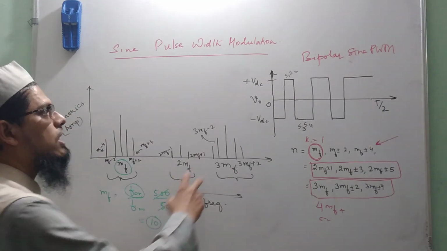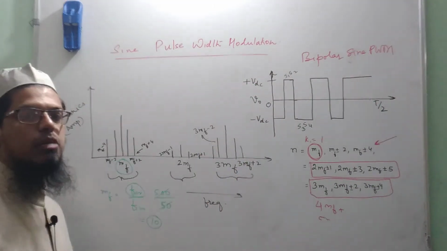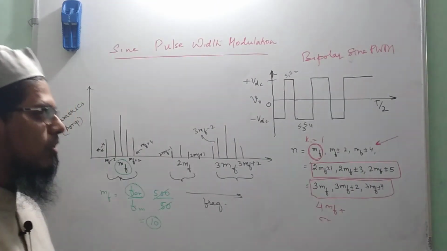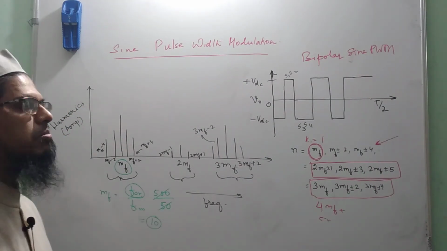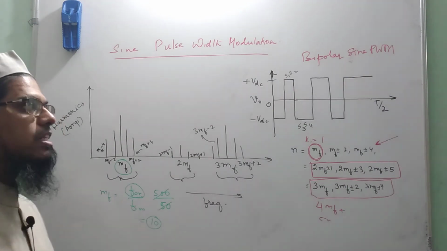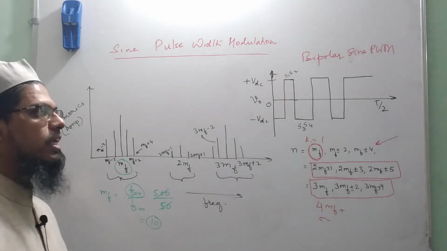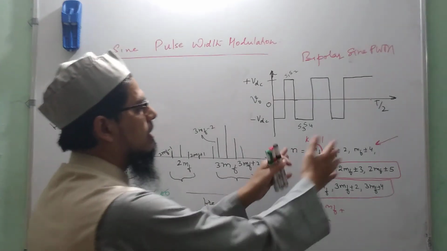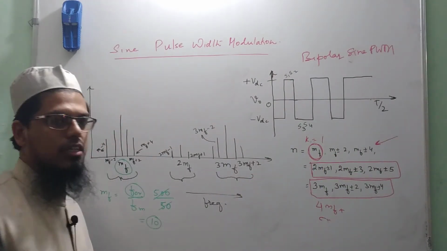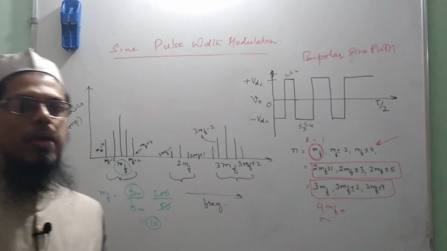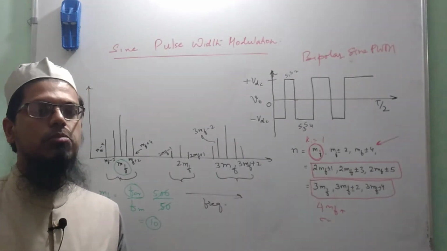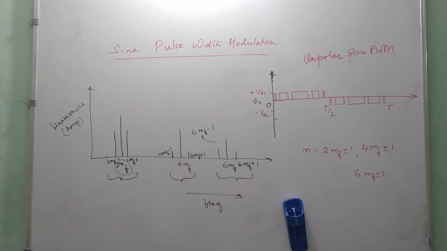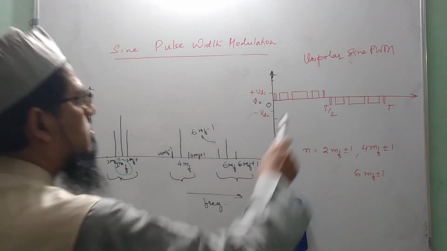So this was the case for the bipolar sinusoidal PWM technique. The same concept can be extended to the unipolar sinusoidal PWM technique, and the only difference lies in the band of harmonics that are present. Let me show you the bands of harmonics present in the unipolar sinusoidal PWM scheme.